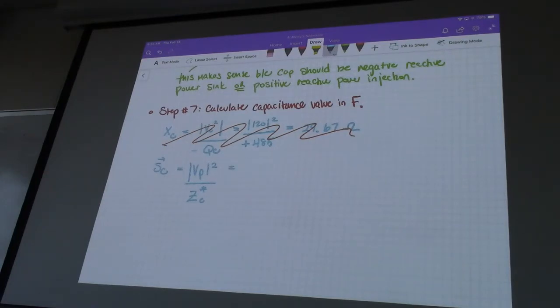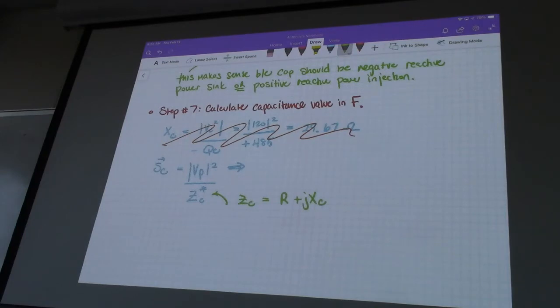So then we know that ZC for a capacitor is actually defined as... I'm obviously having a brain thing right now.